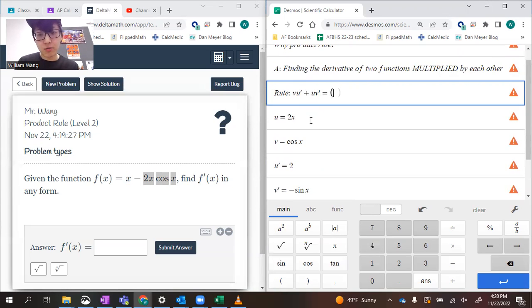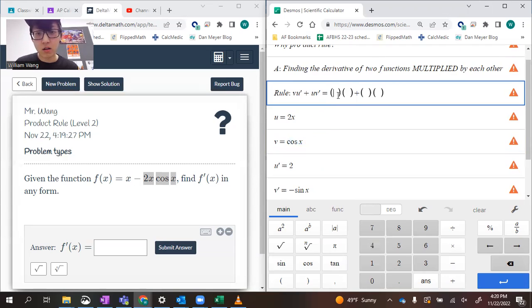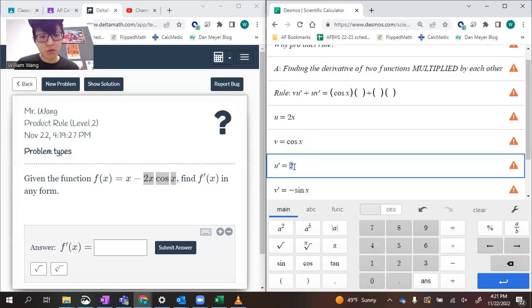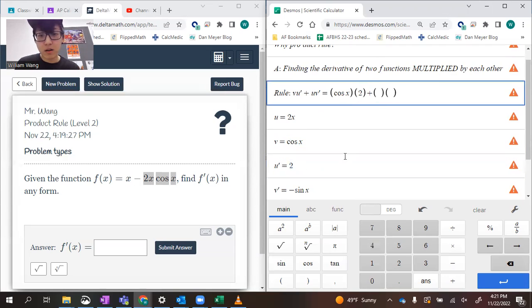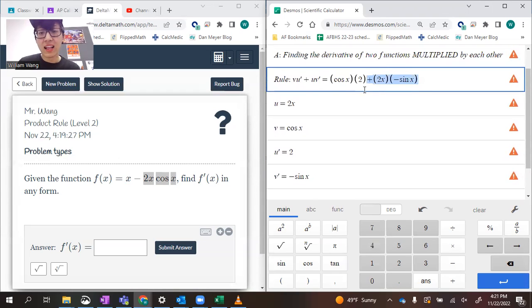Vu prime, so I'm going to write it out so I don't make any mistakes. My v is cosine of x. My u prime is 2. My, let's see, uv prime, so it's 2x times negative sine of x. Cool. This is my derivative of 2x cosine of x.